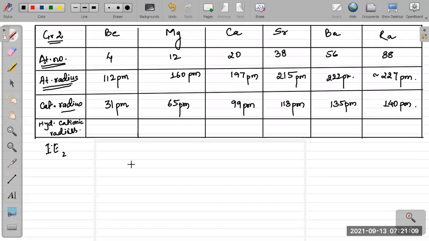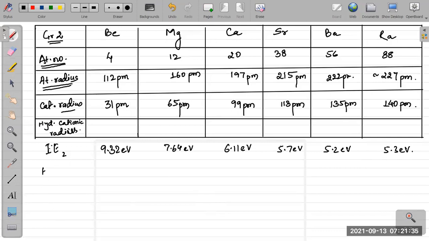It's 9.2 electron volt, 9.32 eV, 7.64 eV, 6.11 eV, 5.7 eV, 5.2 eV, 5.3 eV.